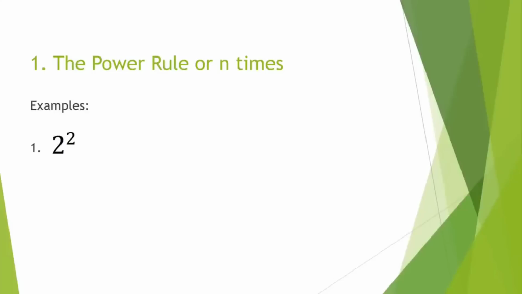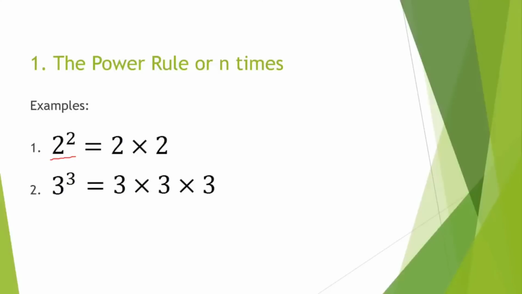So we have the expression 2 squared. And when we expand that, we will obtain 2 times 2. For example number 2, we have the expression 3 cubed. And when we expand that, it can be written as 3 times 3 times 3.